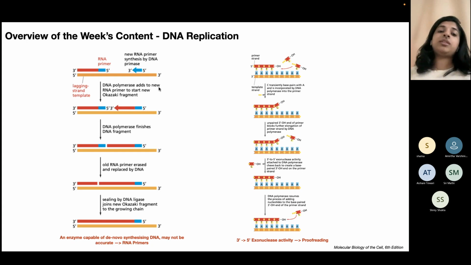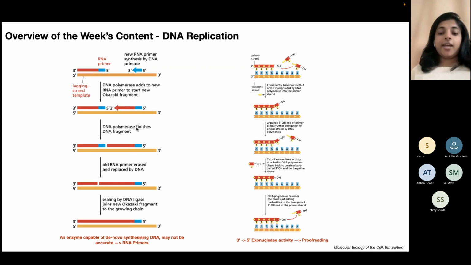So imagine that there was a DNA primer that was added, but this primer has to be added by an enzyme that is adding the bases de novo, because of which there is a large possibility that these primers are inaccurate. So in order to avoid that, the system ensures that RNA primers are added, which may or may not be inaccurate, but they are removed and finally sealed together by the DNA polymerase enzyme only, so as to maintain the accuracy.